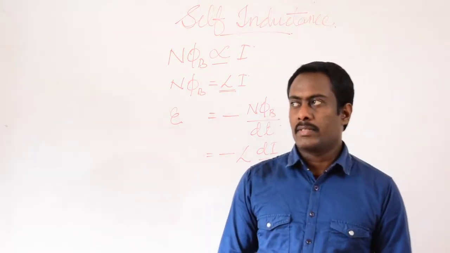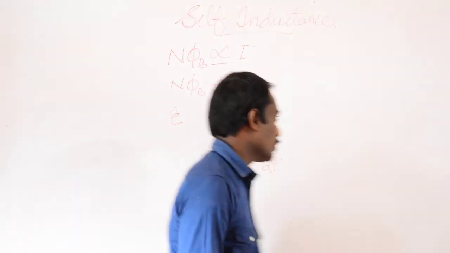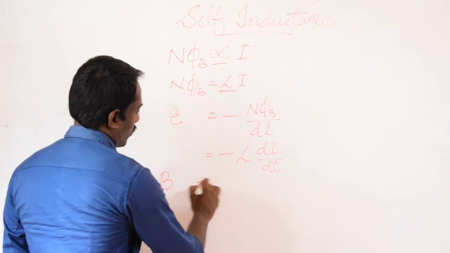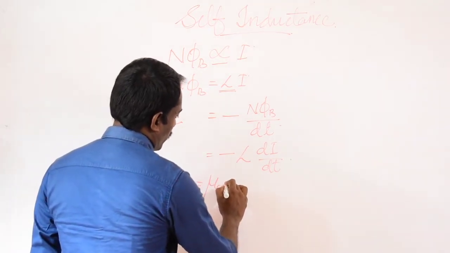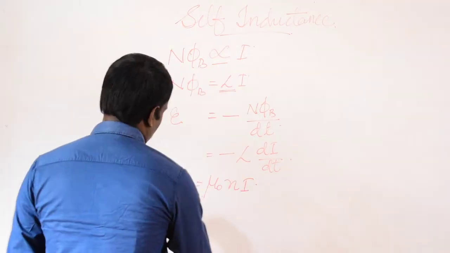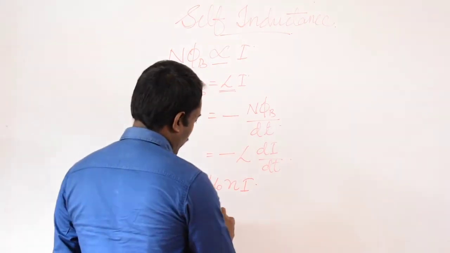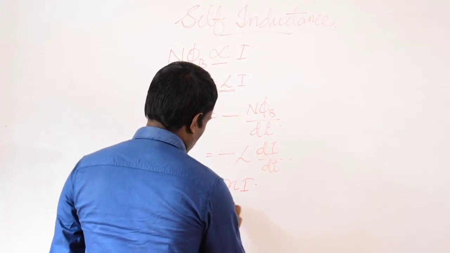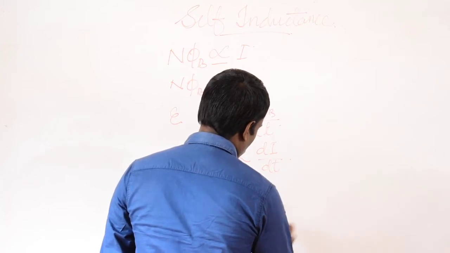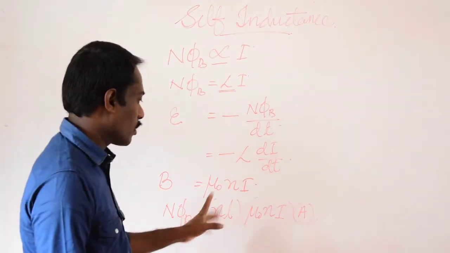Then the magnetic field due to the current I flowing through the coil is B equal to mu 0 into N into I, and therefore the total flux of the coil, N phi B, is equal to N L into mu 0 N I into A, which is the total flux associated with the coil.